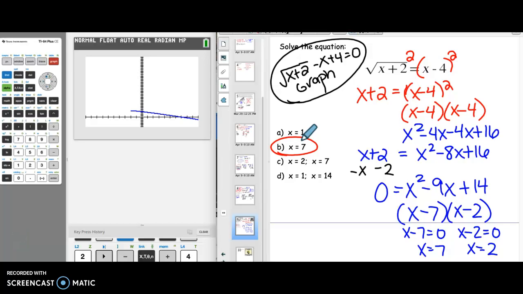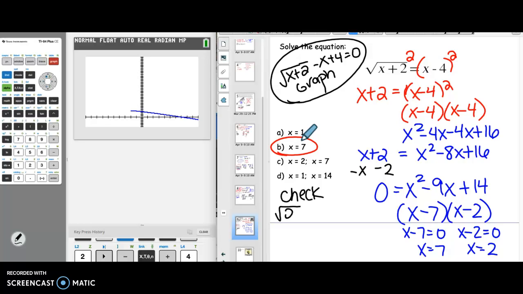If I check those in the original equation back up there, I'm going to plug in 7 first, 7 plus 2, and see if the left side equals the right side. 9, square root of 9 is 3. That one works. So let's check the 2 now to see if the left side equals the right side.